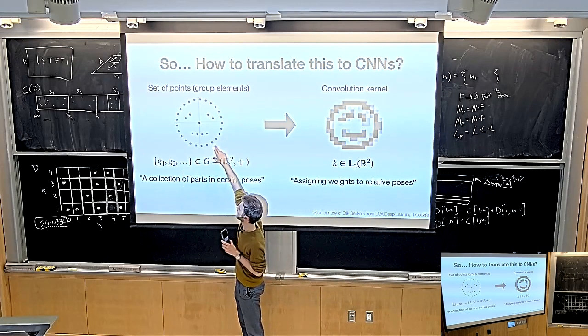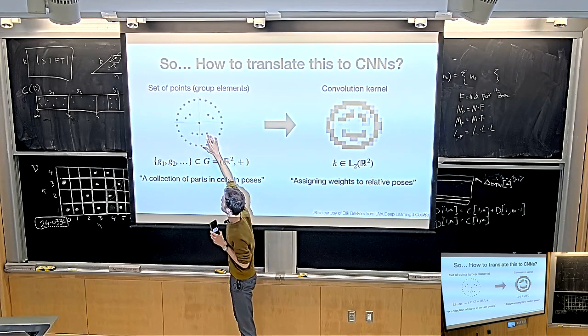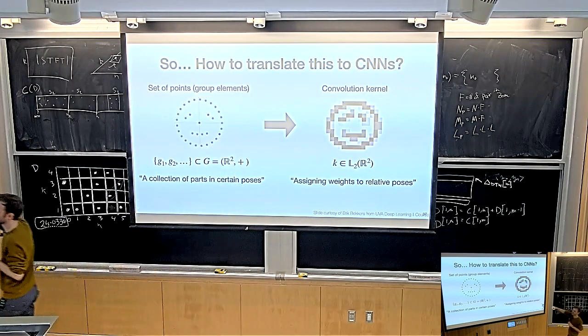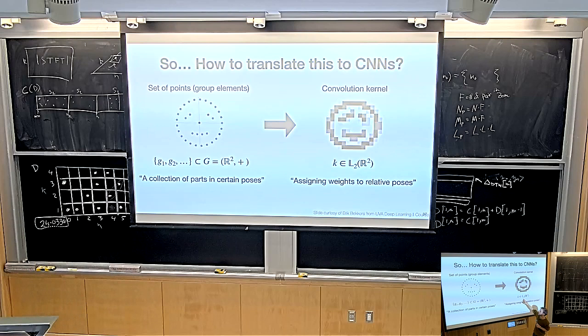So far, for instance, we looked at these points in 2D, where each of these points was a group element, and then there are functions on top of groups. So this is just a set of group elements, and then there's a function on top of the space R2. For instance, images are functions on top of R2, right? Does that make sense? We will denote functions via this L2 notation, and this here just means that K is a function on R2.